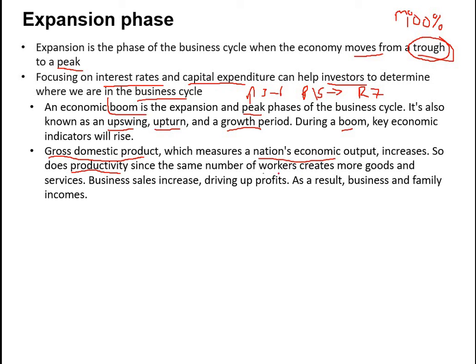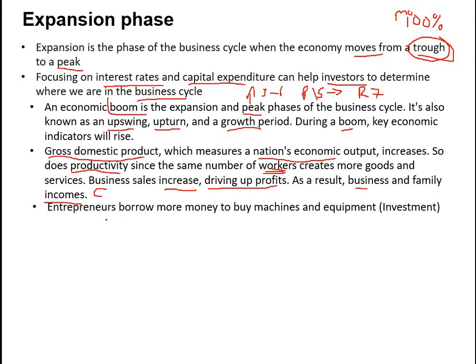Because we have more people who are working, who are employed. That means SARS is happy, isn't it? There's more revenue to the government. Business services will also start to increase, and they're gaining profits. As a result, businesses and families receive income. And from that income, what do they do? They spend. Remember, that is consumption.